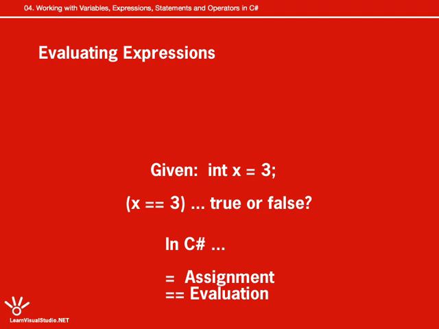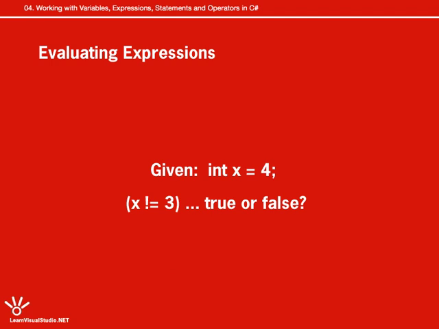I am telling x to store the value 3. A double equal sign is used for asking. I'm asking whether or not the value of x equals 3. Okay, so just keep in mind that in C#, unlike other programming languages, there are different operators used for assignment and evaluation.